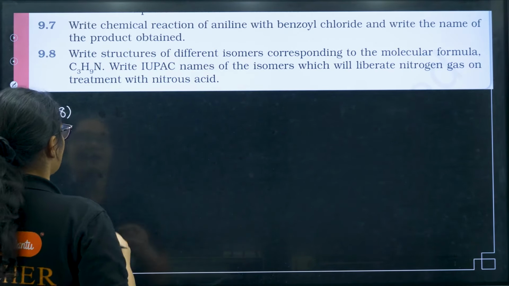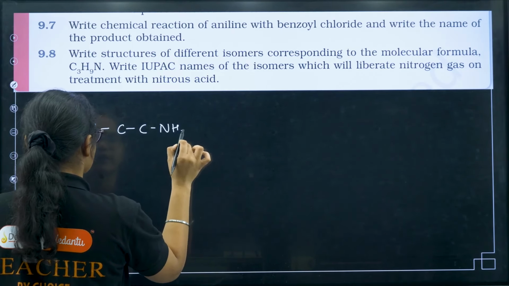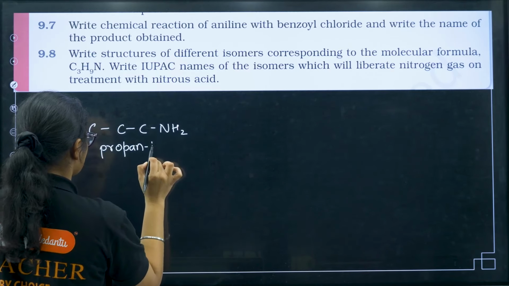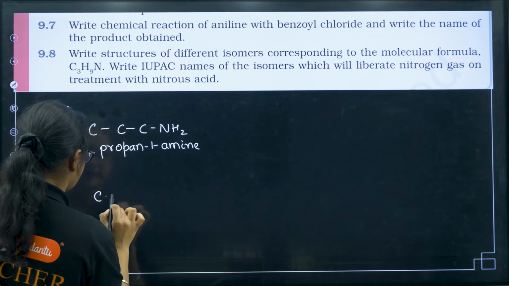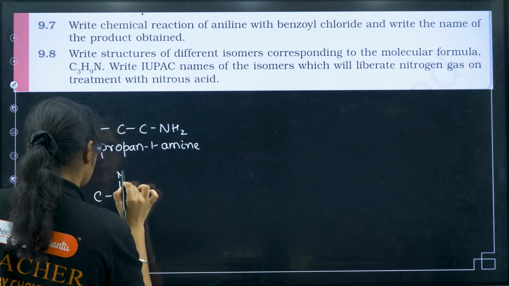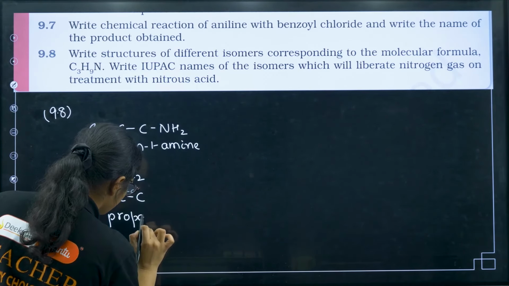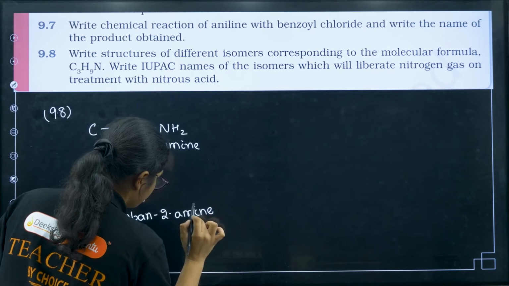C3H9N. So I have a structure like this I can write. This is propane-1-amine. Next structure I can write like this, NH2, that is propane-2-amine.